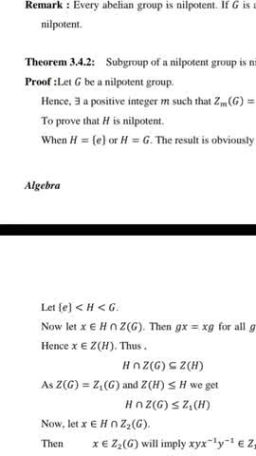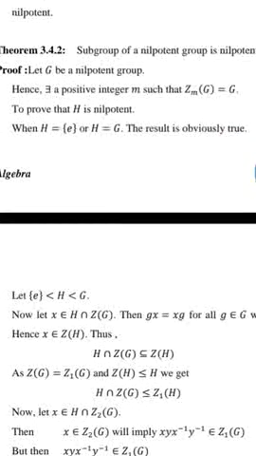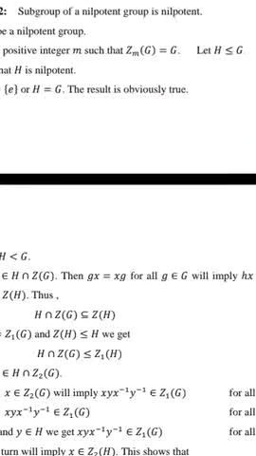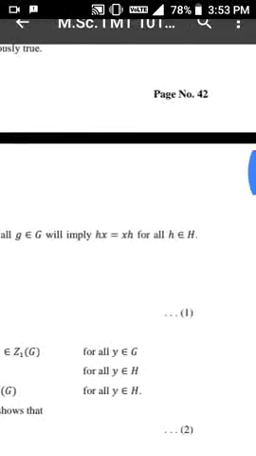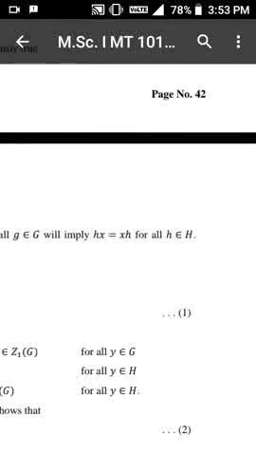Now let's suppose that {e} is a proper subgroup of H, which is a proper subgroup of G. Therefore, there exists x belonging to H intersection Z(G) such that gx is equal to xg for all g belonging to G. This implies that hx is equal to xh for all h belonging to H. Hence, x belongs to Z(H).